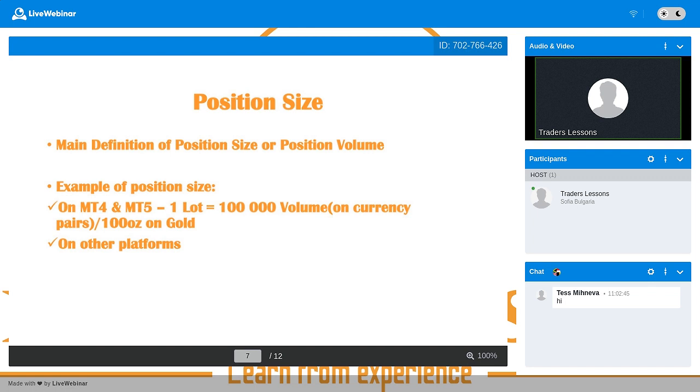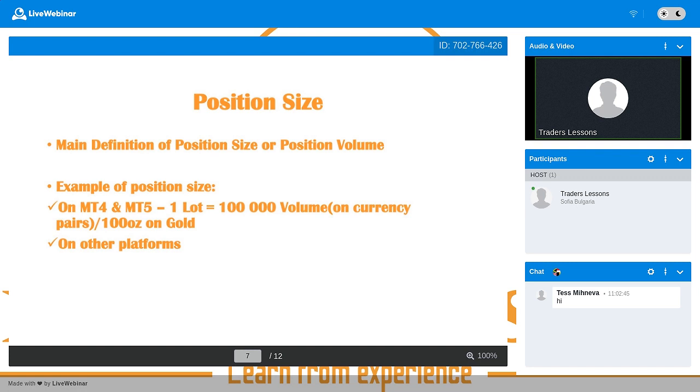Now, I have put here some of the basic terms, like one lot in the market means 100,000 volume on currency pairs, or something like 100 ounces of gold when trading with gold, let's say.